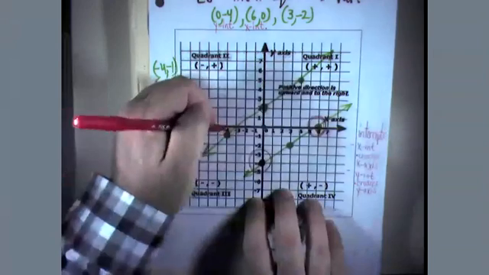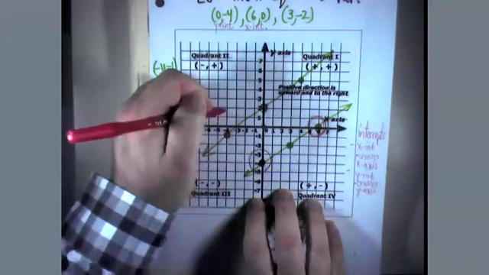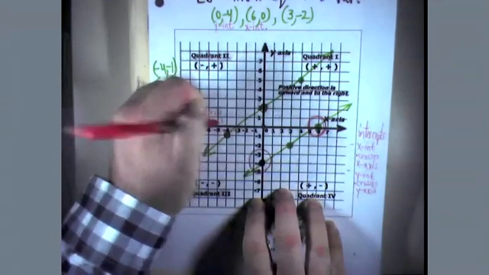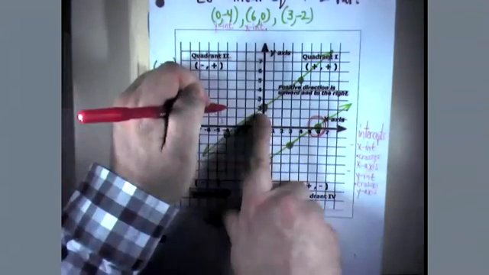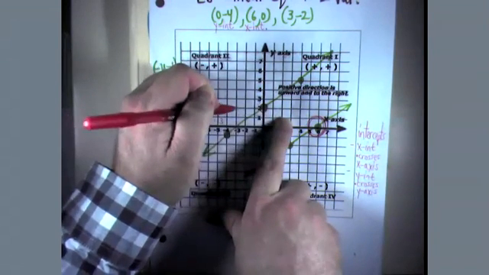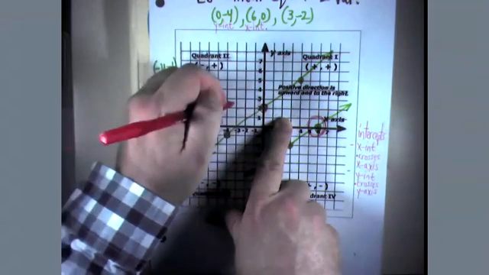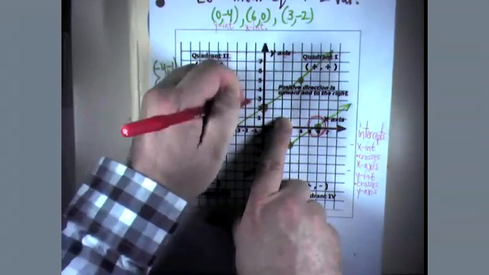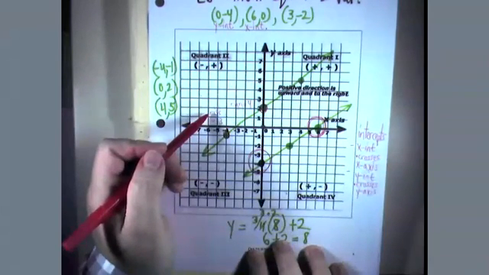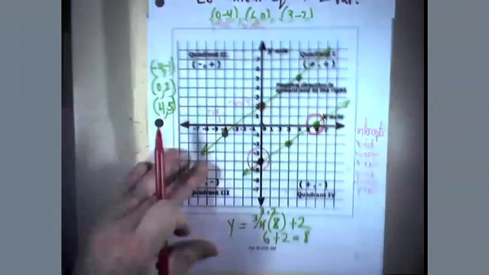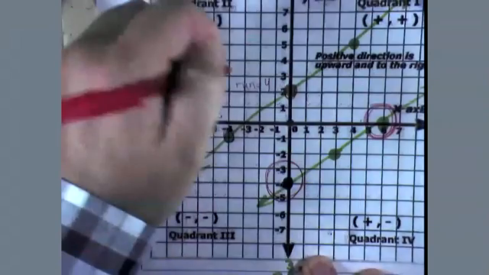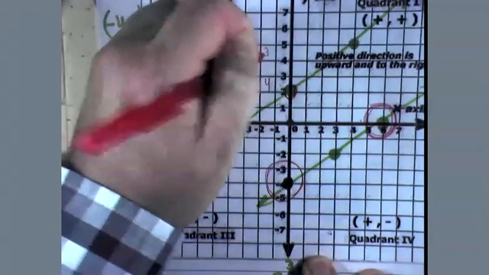So that means we have to rise up 1, 2, 3 spots. And to get to the second ordered pair, we have to run over in a positive direction 1, 2, 3, 4. So by definition, the slope of this particular line is rise over run, or just 3 over 4.